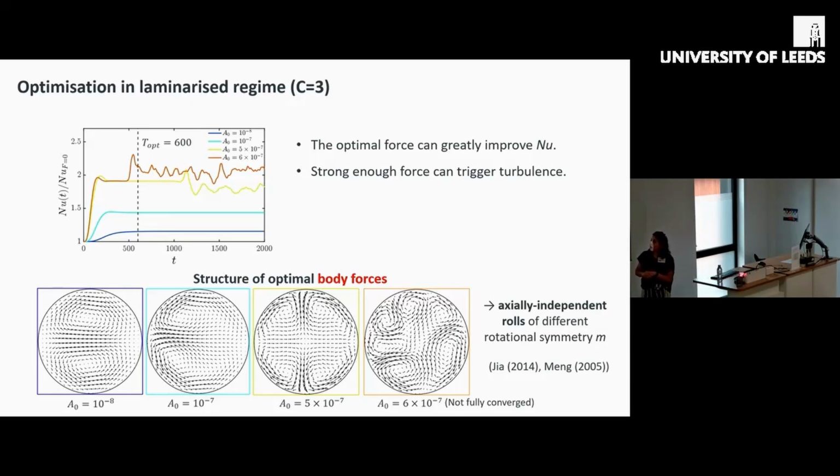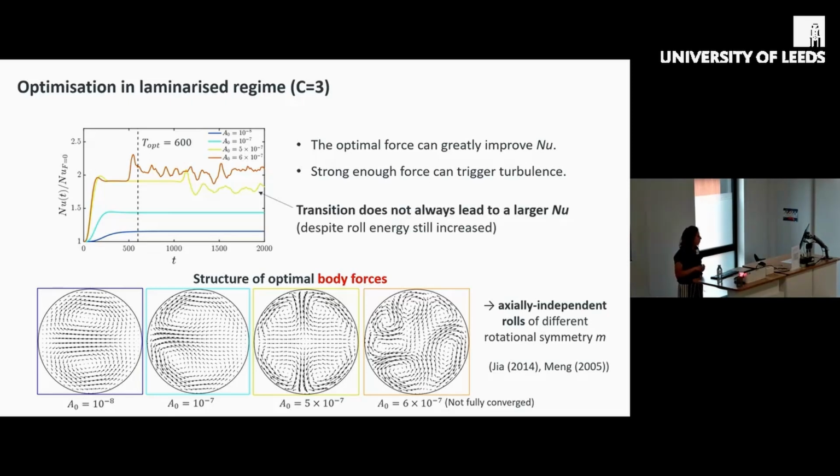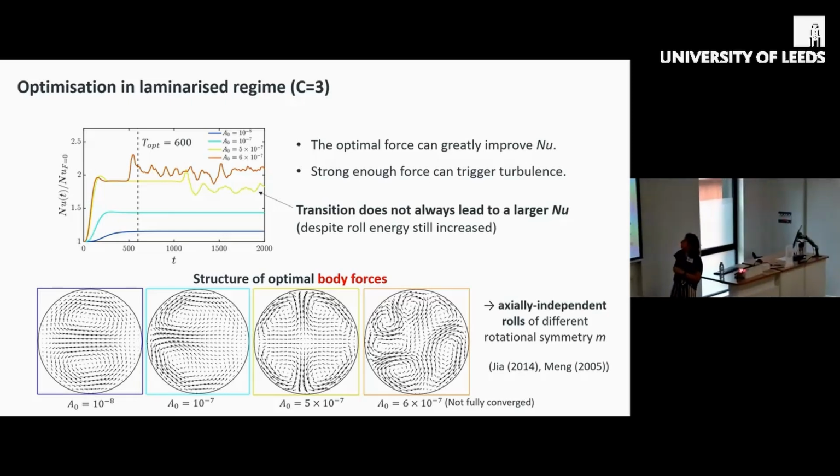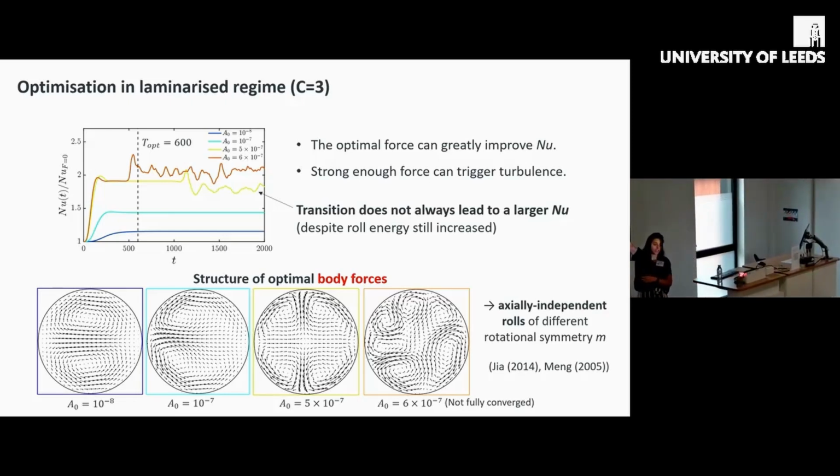So we found that this optimal forcing is in the form that induces these axially independent rolls or longitudinal swirl flows with multi-vortex structure of different azimuthal wave number. And what's interesting here, which you might have noticed, is that in this case, this green line here, much later on, we also trigger turbulence, but in that case, the transition doesn't lead to a larger Nusselt number, it actually decreases.